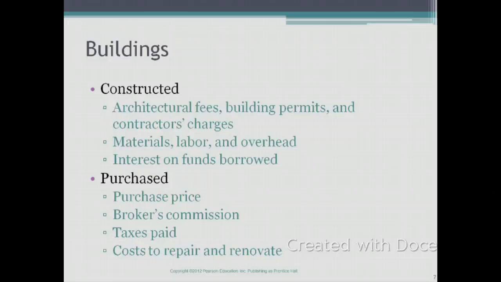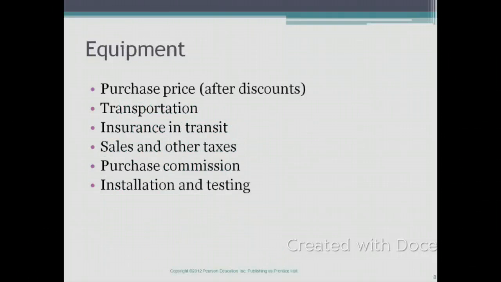In other words, all costs incurred to bring the building to its intended use would be included in the cost of the building. If you're purchasing equipment, it would be the purchase price plus any transportation costs that we paid, any insurance while it's in transit, any sales taxes or other taxes that we had to pay for that equipment, any commissions, and also the installation and testing of that equipment.